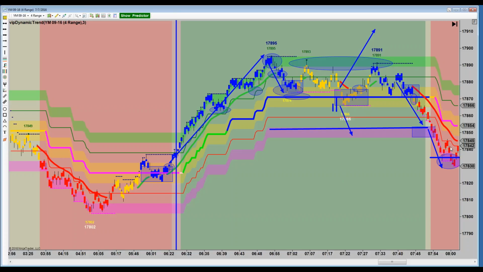You've got to fight that tendency, because as we all know, what part of the move is this called? This is called the thrust part of the move. The thrust is where the market is pushing in the direction of the change in trend or trend. For instance, let's look over here on this move up.